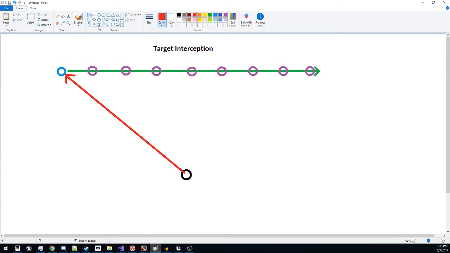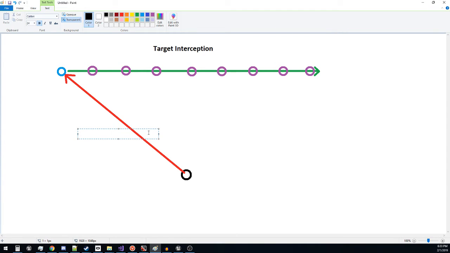So if we say that this line has a length of 1000 and our projectile is traveling at 500 meters per second, it will take 2 seconds for the projectile to arrive right here. So if we just write these details down, let's do that in black.